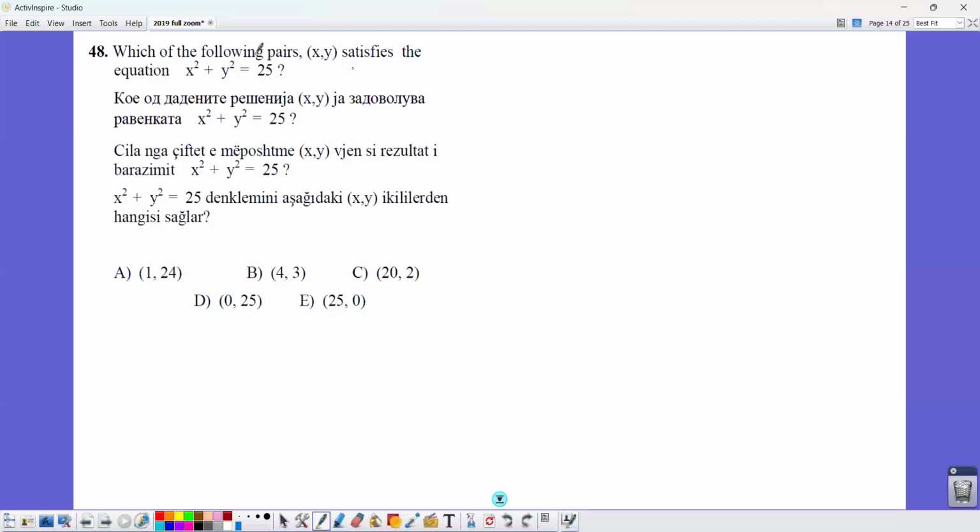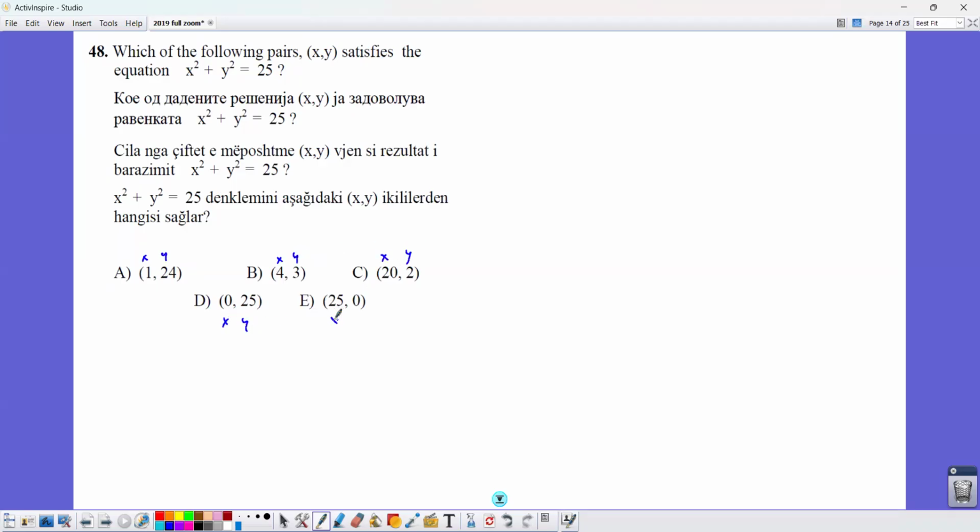When we are coming to the next one, it says which of the following pairs x, y satisfies the equation x squared plus y squared is equal to 25. So here, again, you need to go from the answers to check which one will satisfy. Here, guys, we have first one is x, second one is y in all of them, as you know, in pairs.